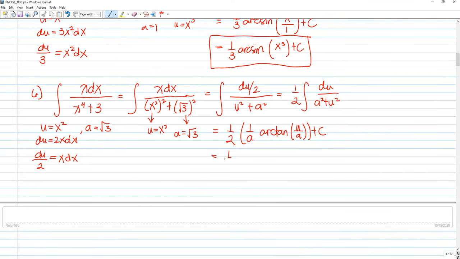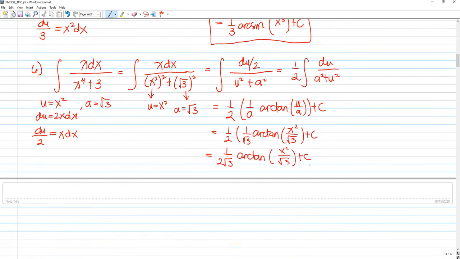So but a is equal to what? Square root of 3, so 1 over square root of 3, arctan. So u is equal to x squared all over square root of 3 also, plus c. So if you multiply that, 1 over 2 square root of 3 arctan, we have x squared all over square root of 3 plus c.